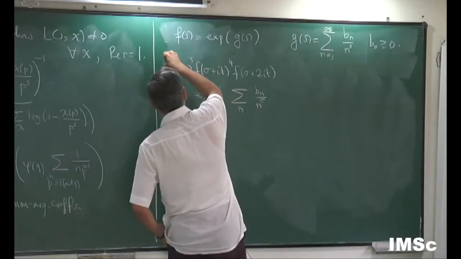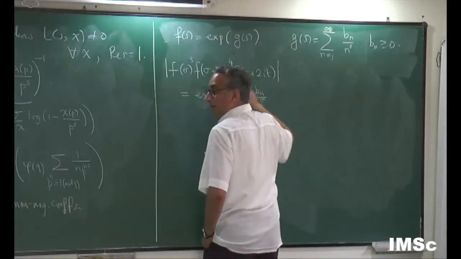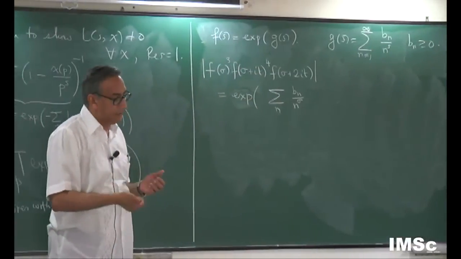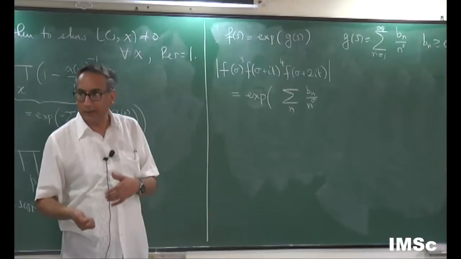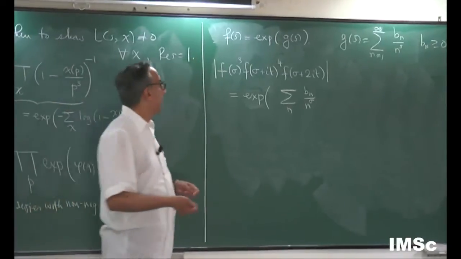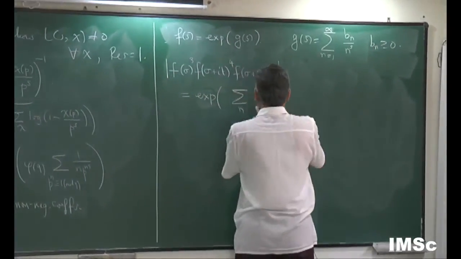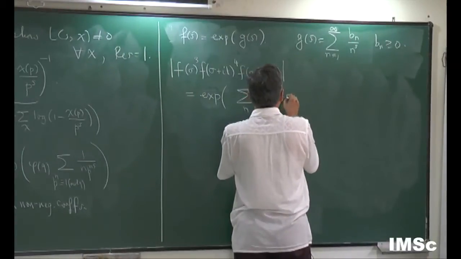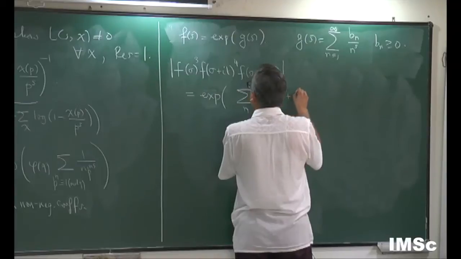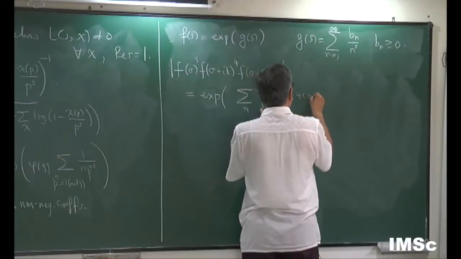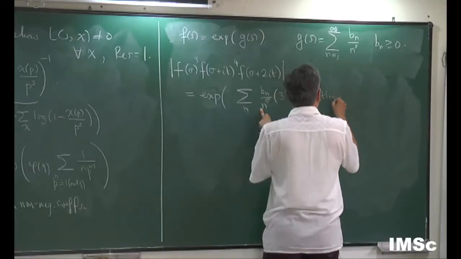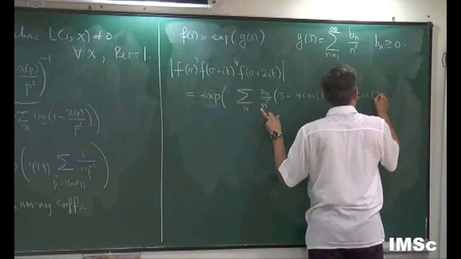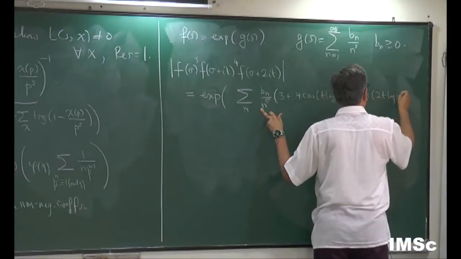Okay, I'm going to now take absolute values. Remember, with the same old absolute values, the log of z is equal to log of the absolute value of z plus i times the argument, right? So if I take that, then you'll see that this is really 3 plus 4 cos t log n plus cos 2t log n.